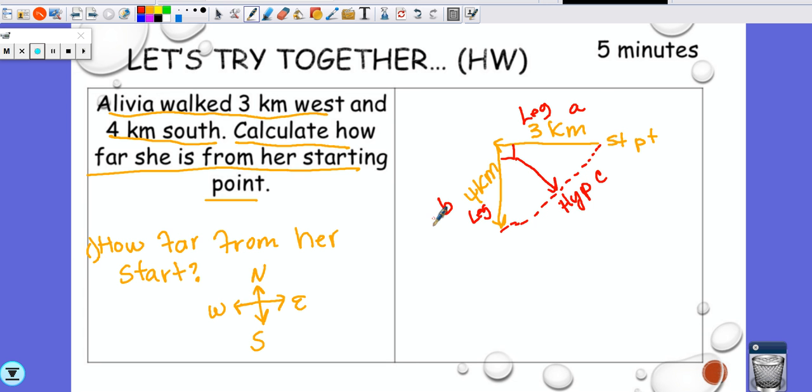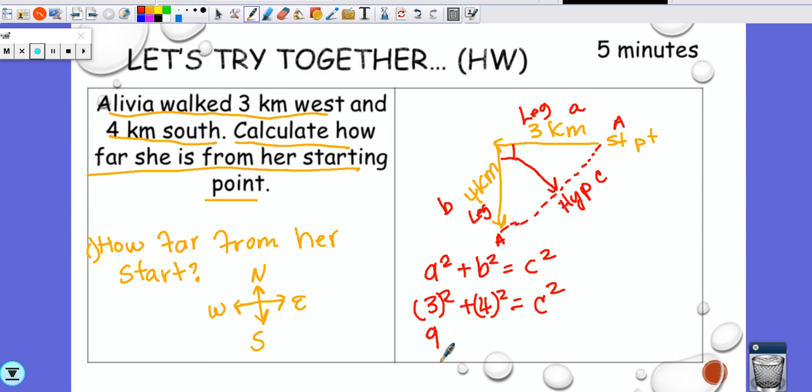So this is a right triangle, and I can use Pythagorean's theorem to find the distance between where Olivia is at and where Olivia started. So A squared plus B squared equals C squared. So we get 3 squared plus 4 squared equals C squared. So I get 9 plus 16 equals C squared. So I get 25 equals C squared.